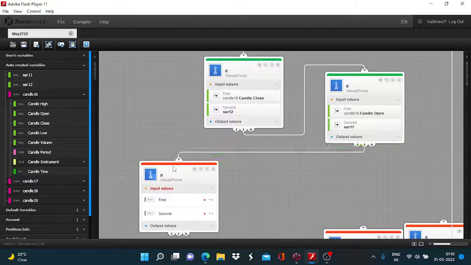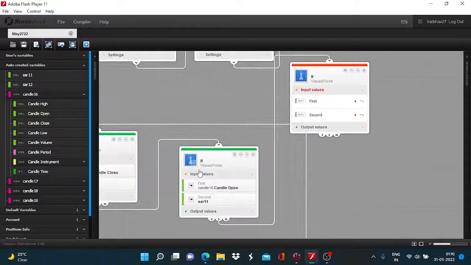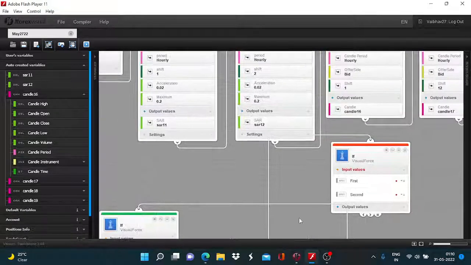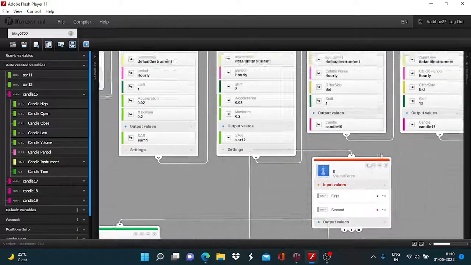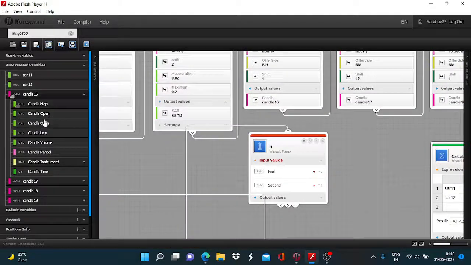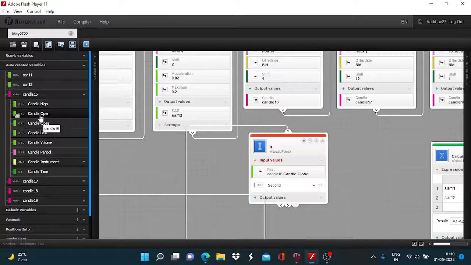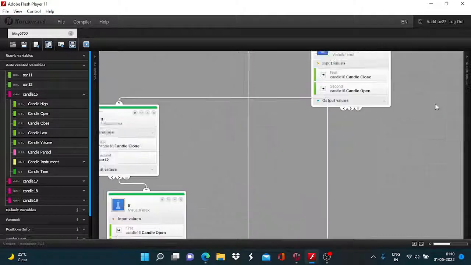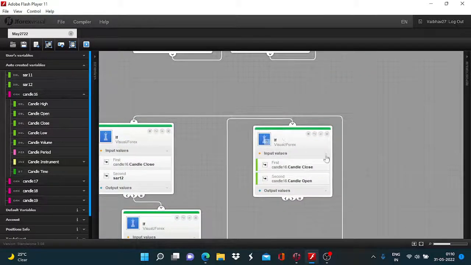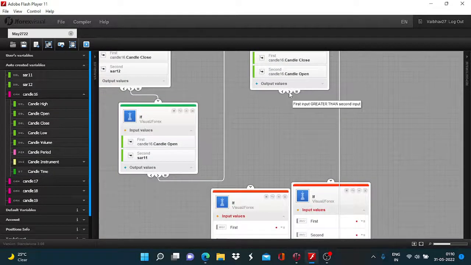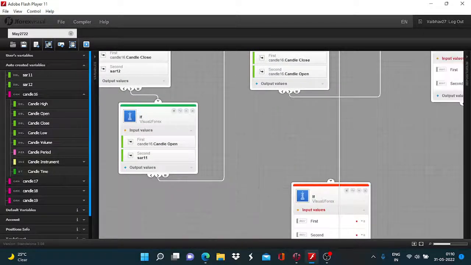Again, first input greater than second input. Then the candle 16 candle close needs to be greater than the candle 16 candle open. So for that, it needs to be compared with the opening price. One more time, the first input needs to be greater than second input.